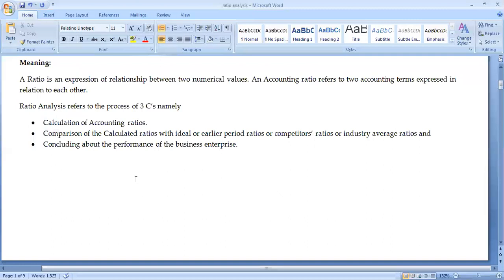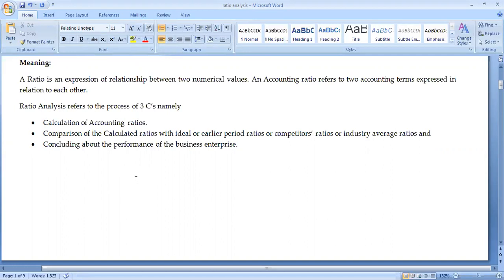So what is actually a ratio? Ratio is an expression of relation between two numerical values. It is expressed in the terms of accounting, to find out the relationship between two numbers. Take an example: there is current assets and current liability.